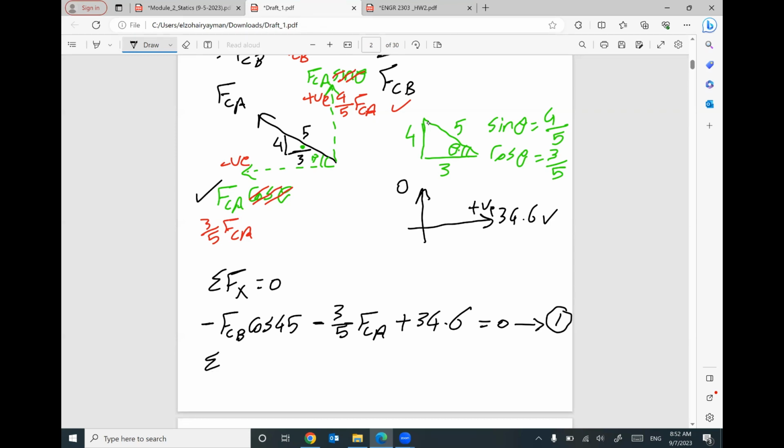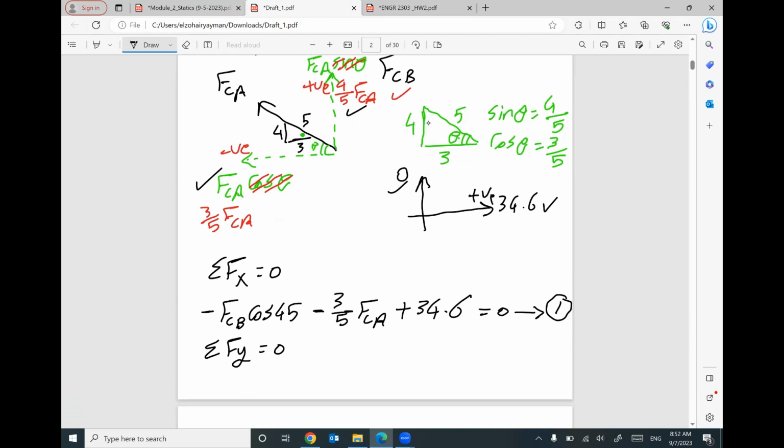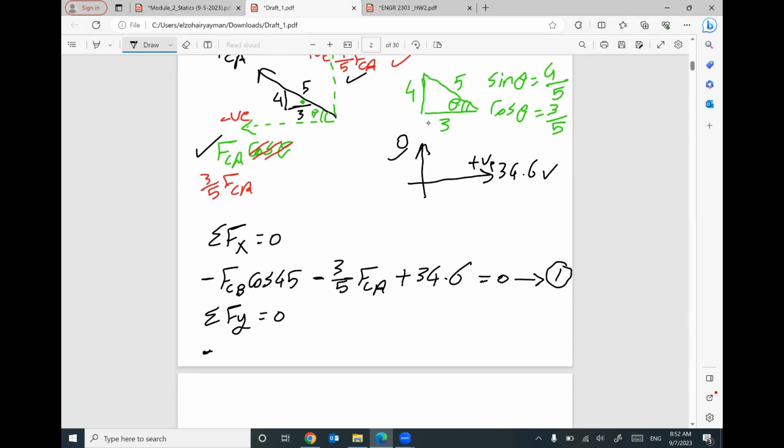Summation of all Y components equals 0. We have one component here, we have one more, and we have 0. So negative FCB sine 45 degree, positive 4/5 FCA, plus 0 equals 0.